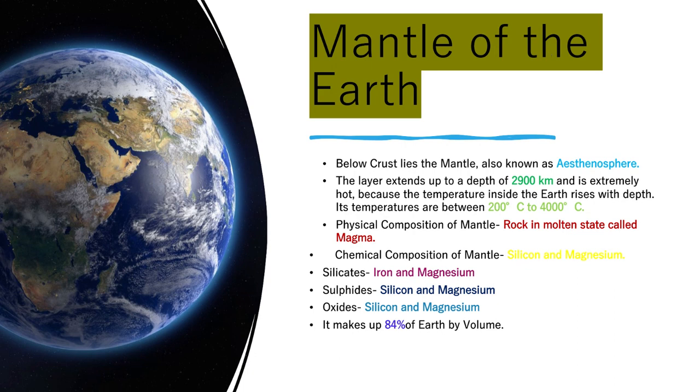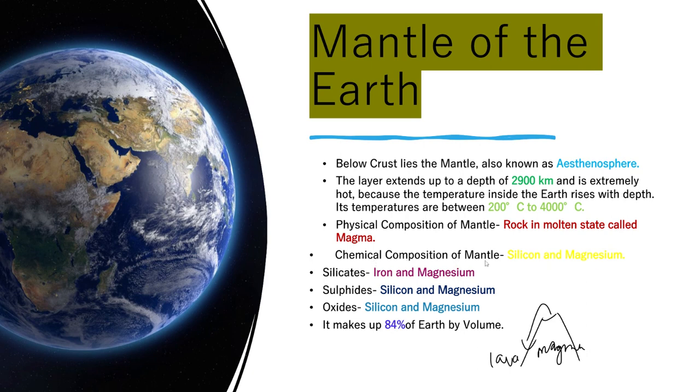Its temperatures are between 200 and 4,000 degrees Celsius. It is the thickest layer of all. Its physical composition is rock in molten state, known as magma, and when it comes out of a volcano, it's known as lava.